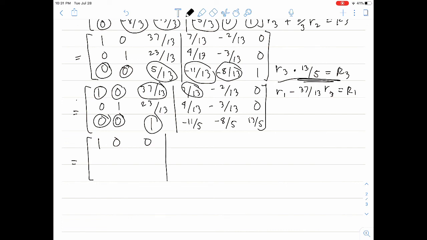Then 7 over 13 minus 37 over 13 times negative 11 over 5 is 34 over 5.